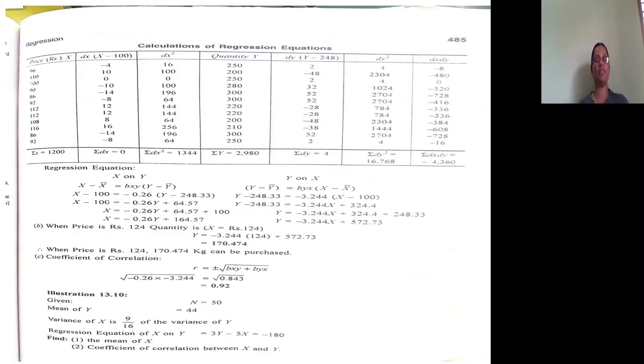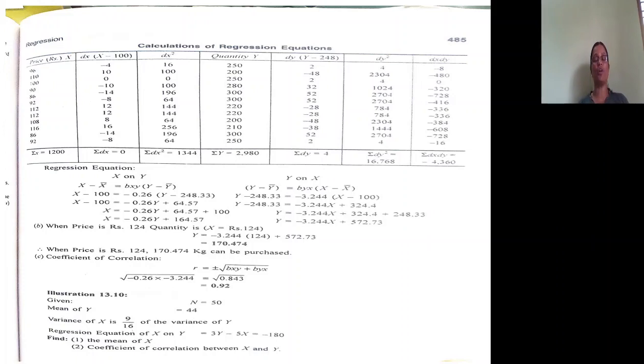So now x minus x bar: x minus 100 is equal to bxy, minus 0.26, into y minus 248.33. When we simplify, the formula becomes x is equal to minus 0.26y plus 164.57. In the same way, we should construct the regression equation y on x.